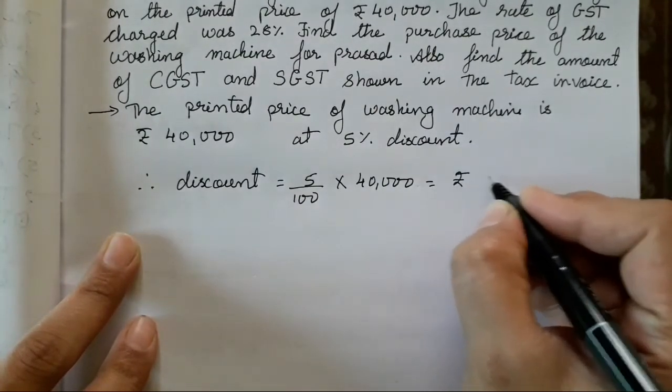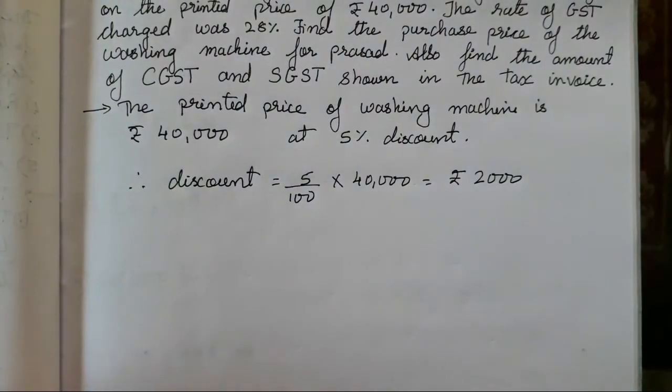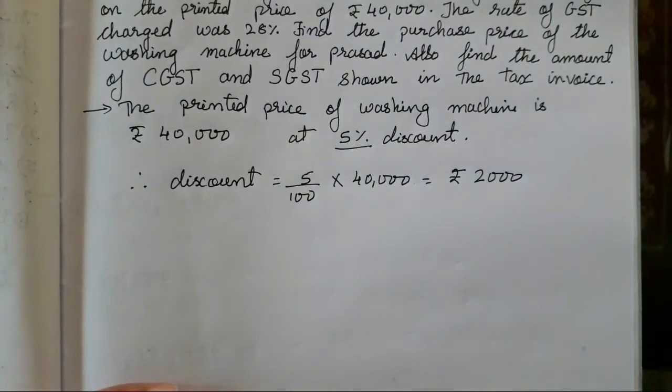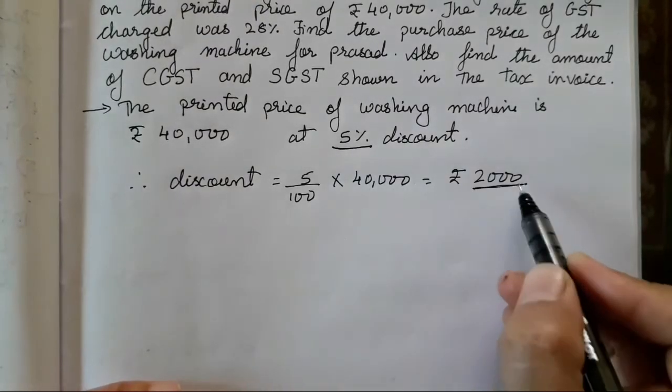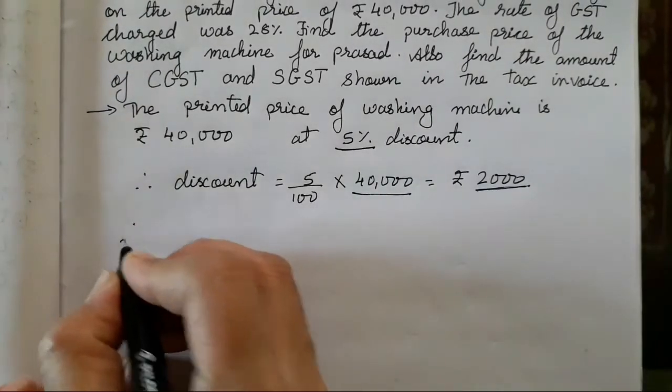So the answer is going to be rupees 2,000. Okay, so 5% of 40,000 means 5% means 200 rupees on what price? On 40,000.